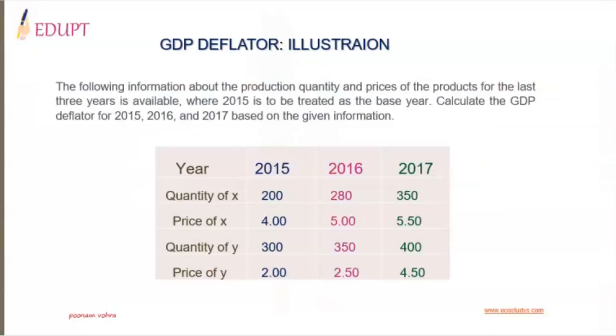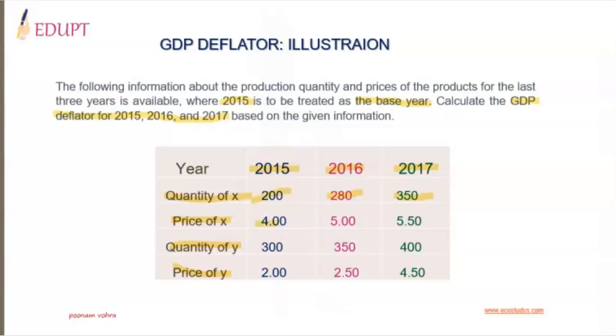In this illustration, the quantity produced of two goods X and Y along with their prices are provided for year 2015, 2016 and 2017. 2015 is treated as the base year. You need to find out the GDP deflator for all the 3 years. Quantity of X in 15 is 200, in 16 it is 280, in 17 it is 350.